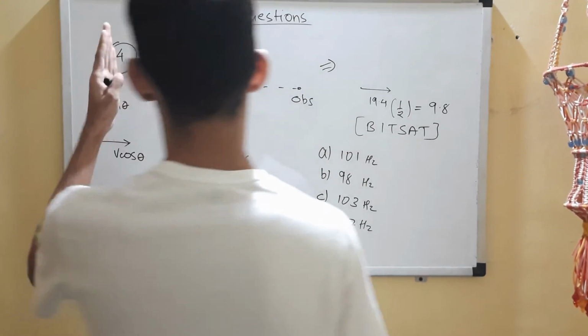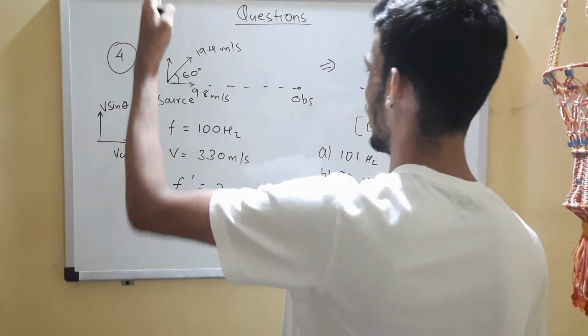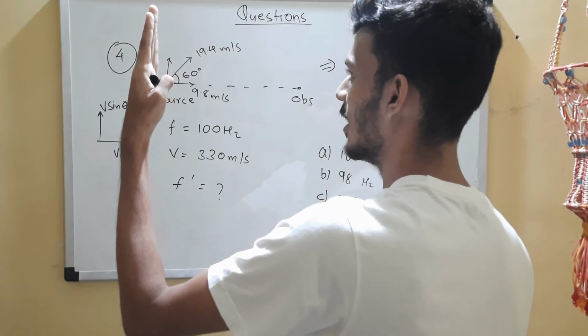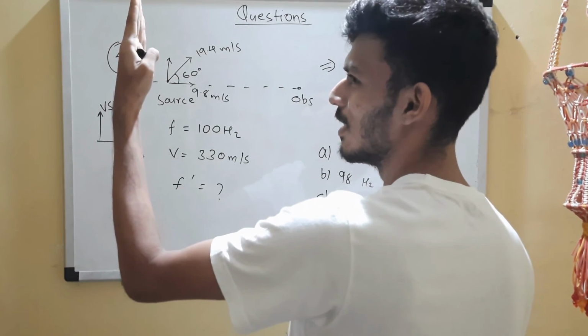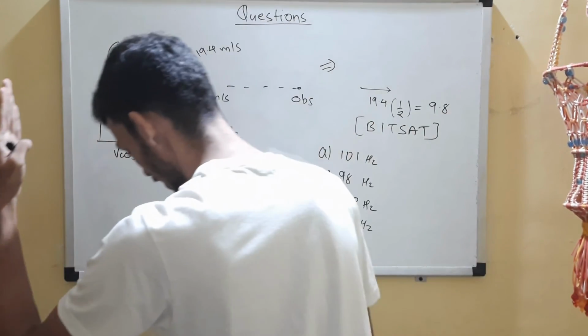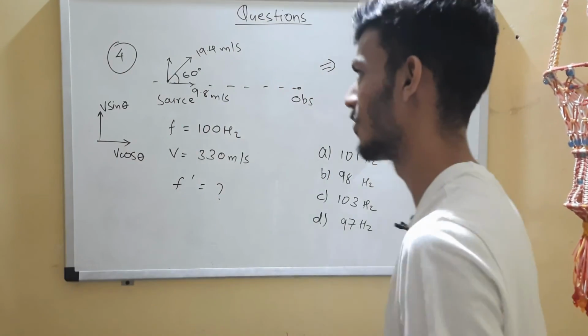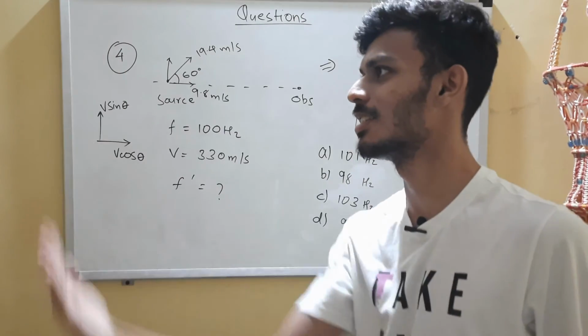You can see that it is going in this direction, perpendicular to this line. So due to this velocity there is no change in frequency. It's neither approaching the observer nor departing from it. It's maintaining a constant distance from the observer.